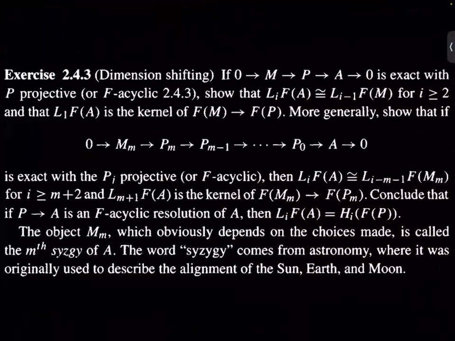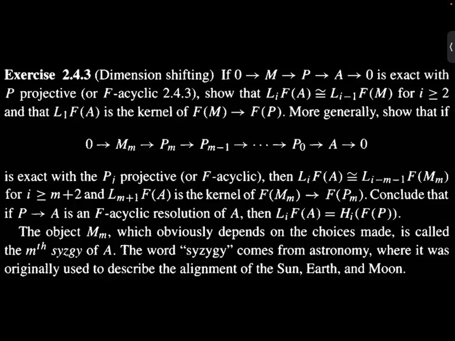If I start with an exact sequence 0 to M to P to A to 0, there's a way to relate the derived functors of F with the previous derived functor of F applied to M instead of A. This sort of result doesn't look super interesting, but it's part of the recipe you need in order to use an F-acyclic resolution instead of just a projective or injective resolution.